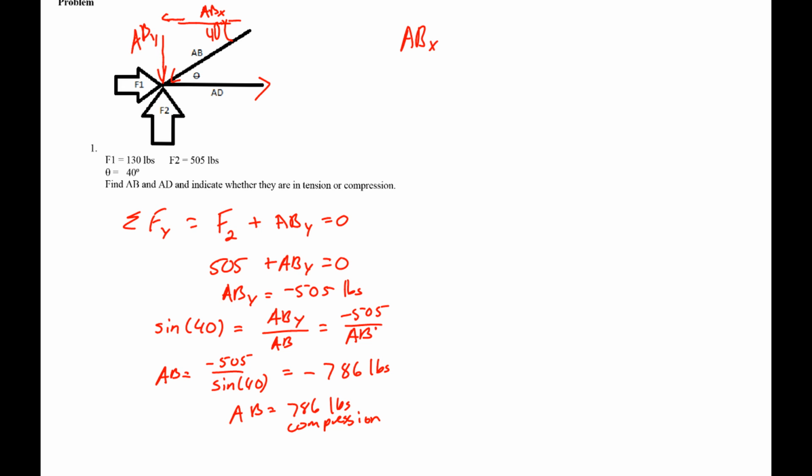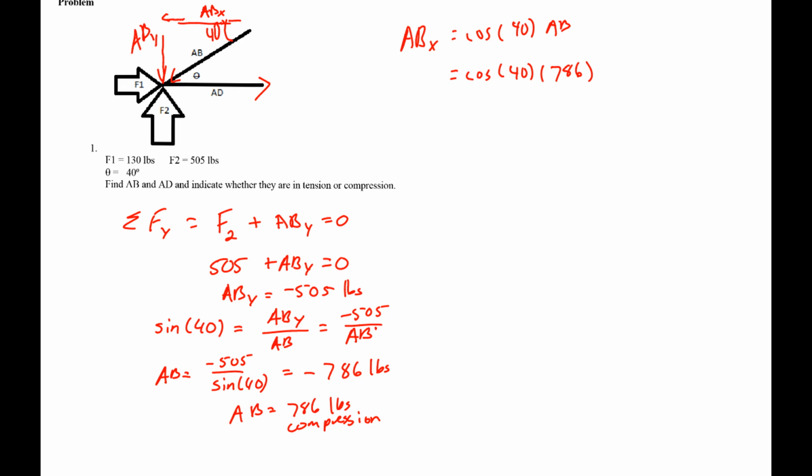ABX. Are we going to use sine or cosine to find ABX? Cosine. So it's going to be cosine 40 times AB, which is 786 pounds.